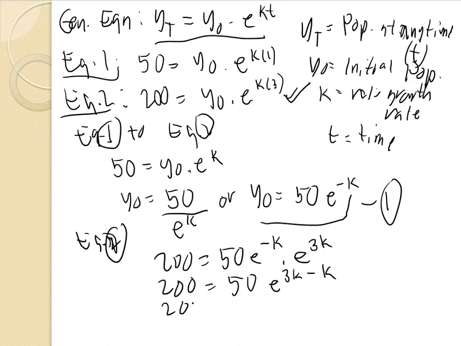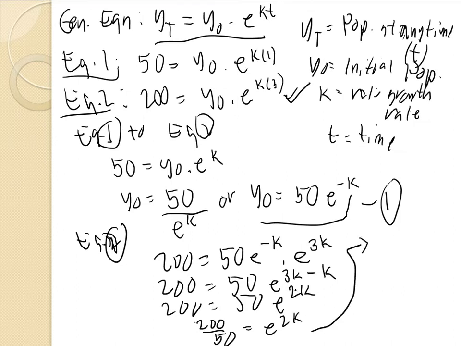So e raised to 3k minus k becomes e raised to positive 2k. And then yung 50, lalagay natin sa kabila: 200 divided by 50 is 4 equals e raised to 2k.